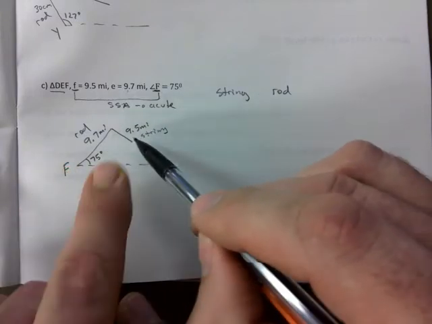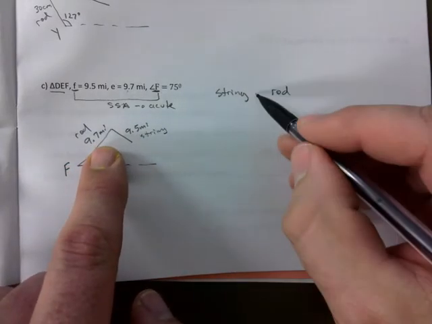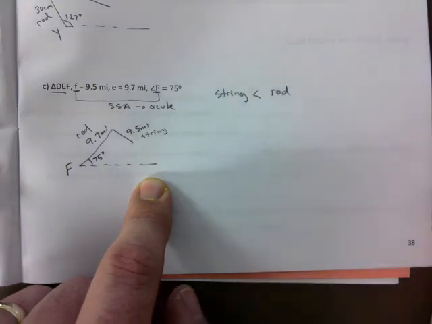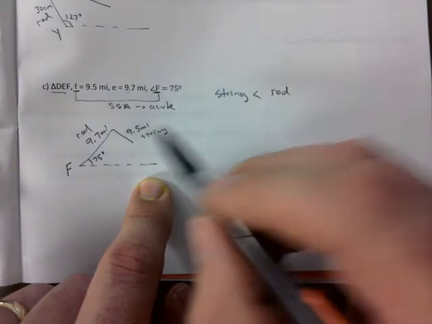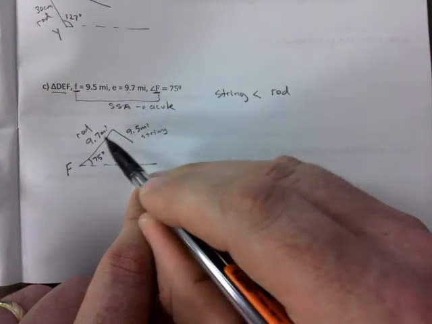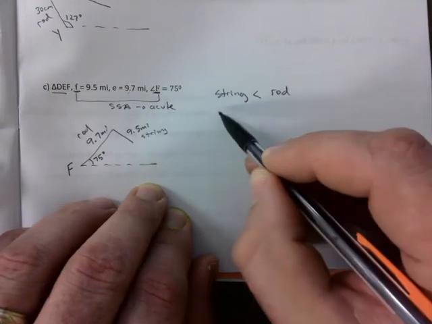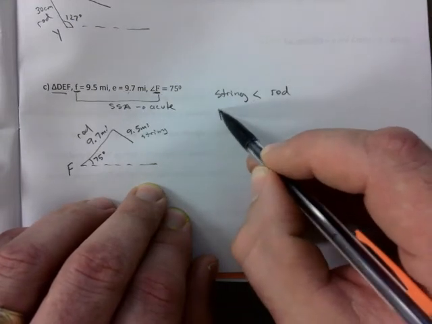What's happening here? Looking at the numbers, string is shorter than the rod. Correct? String 9.5 is less than 9.7, so we state the obvious. When that happens, you need to find the height.